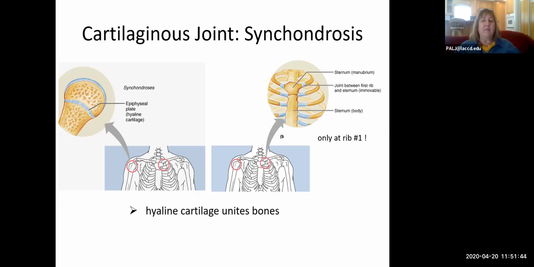Okay, but if I am telling you that all of those others are not a cartilaginous joint, and you know they have cartilage, hopefully that means that you can figure out what else is in that joint besides cartilage.